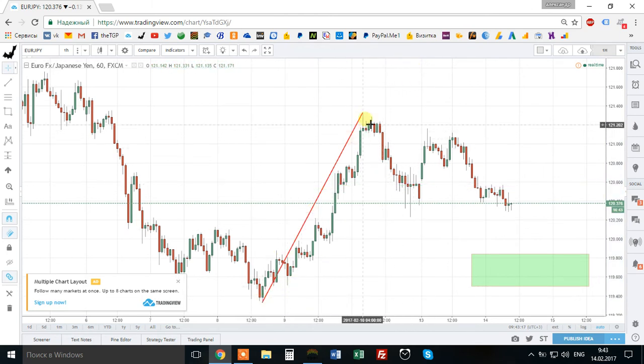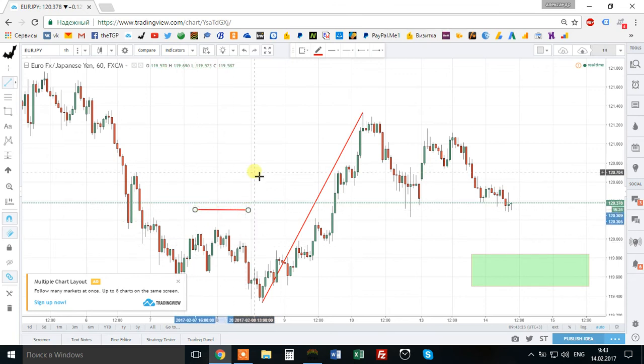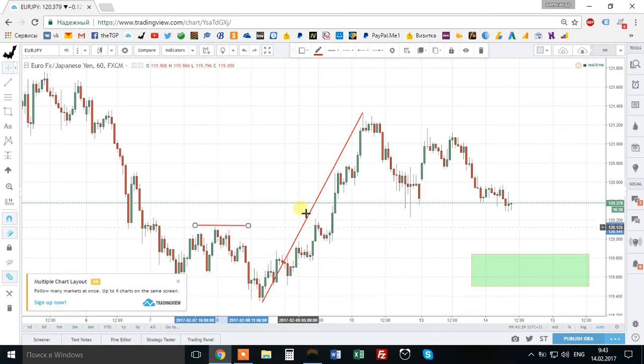So what else? The second thing is that it should violate some structure level, and we see here we're violating these highs. A valid XA leg, well, mostly contains green candles and fewer red candles.